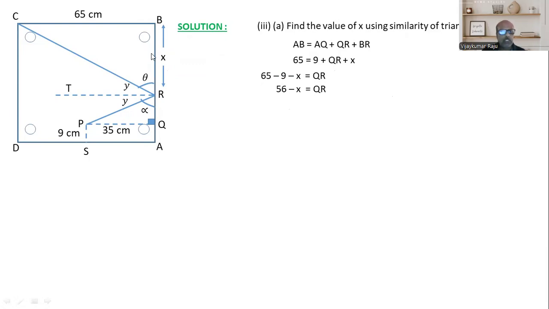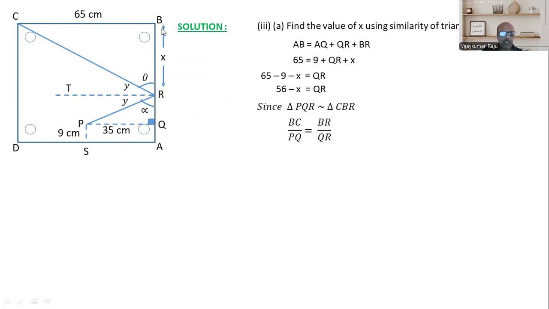Now we know that these two triangles are similar. We have just proved the second case. Since these two triangles are similar, the ratio of the sides must be equal. So BC upon PQ is equal to BR upon QR.